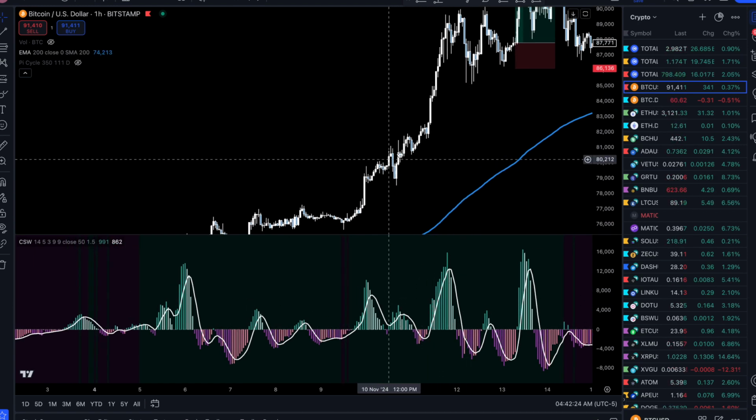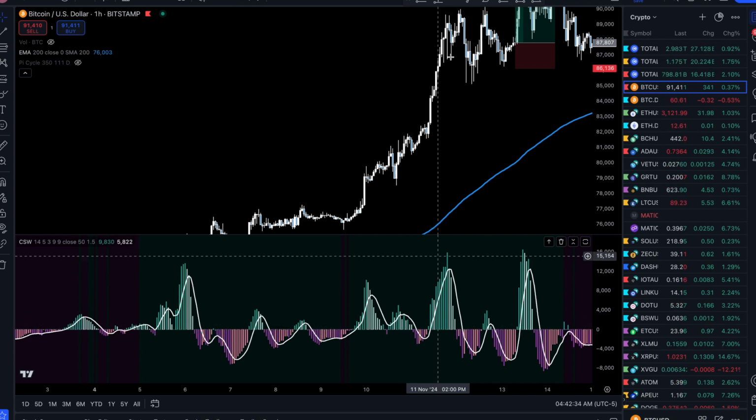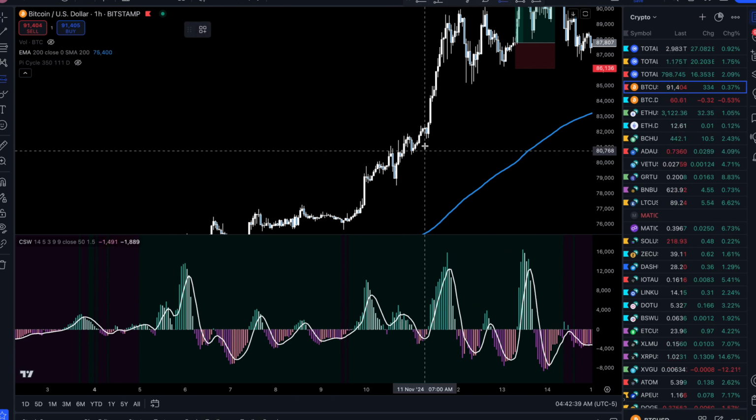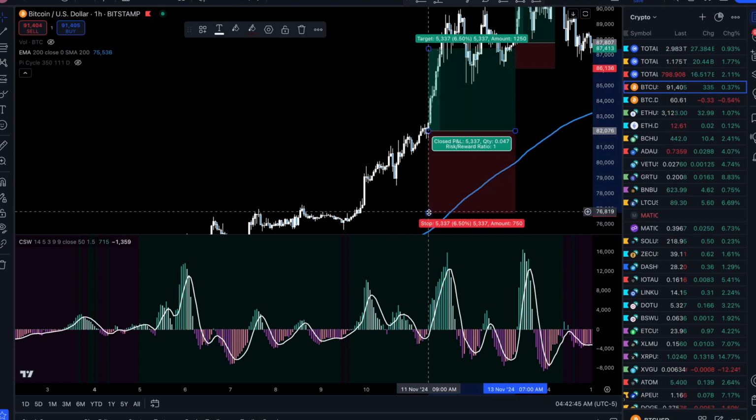So the price is going up. The indicator is saying, not yet, not yet. It's going down, waiting for the cross. First green candle, the cross is happening. Let's get it set up. Long position, green candle, cross happening right here, and we move the stop loss.